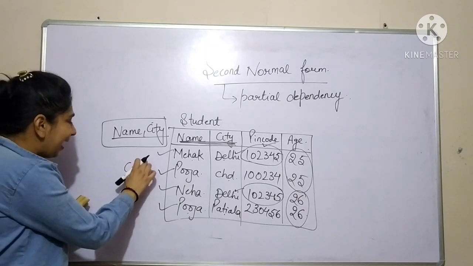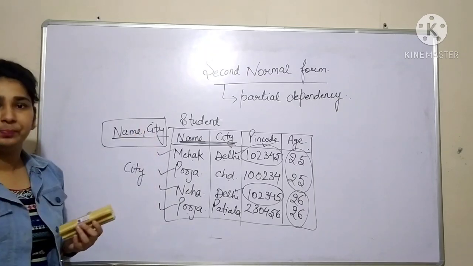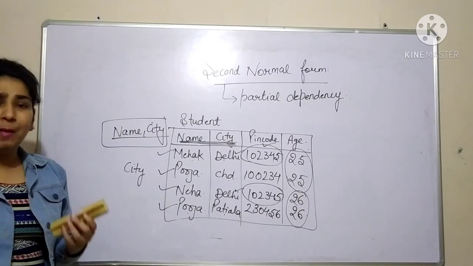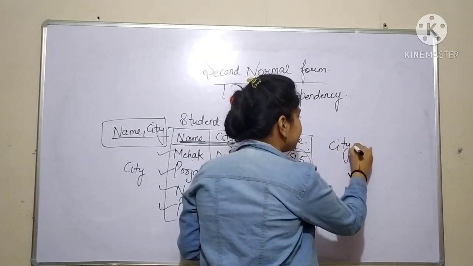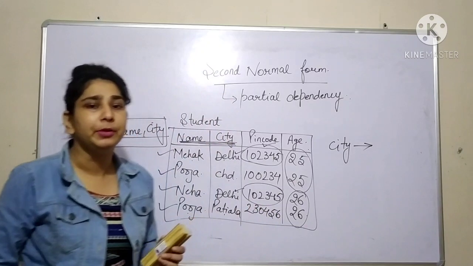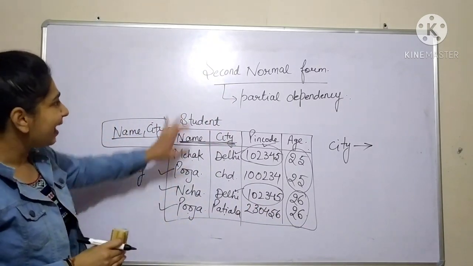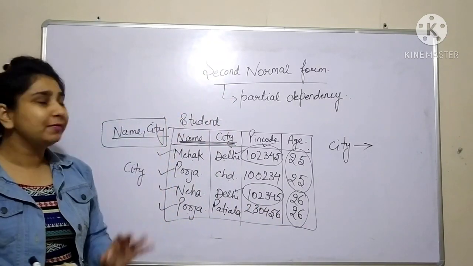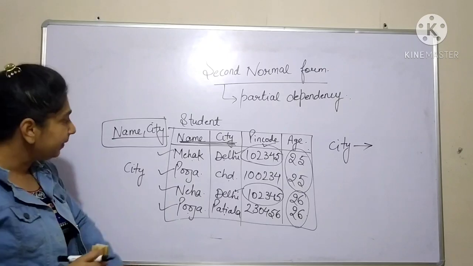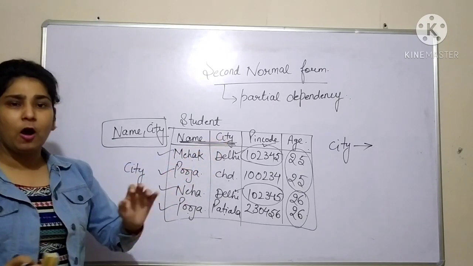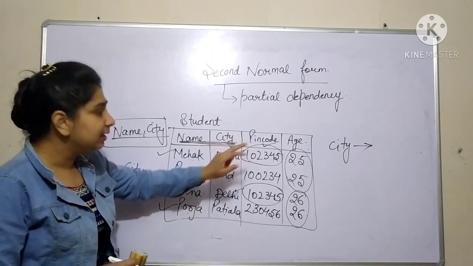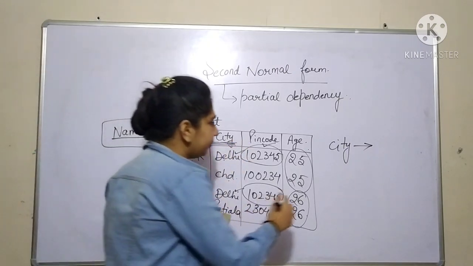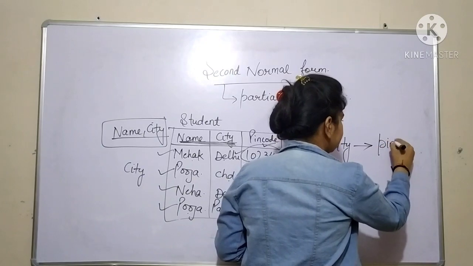If part of the key is determining some non-key attribute, second normal form removes this kind of redundancy. That is, if part of your candidate key or primary key determines a non-key attribute like pin code.